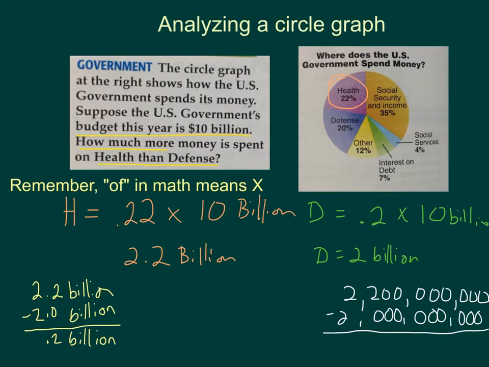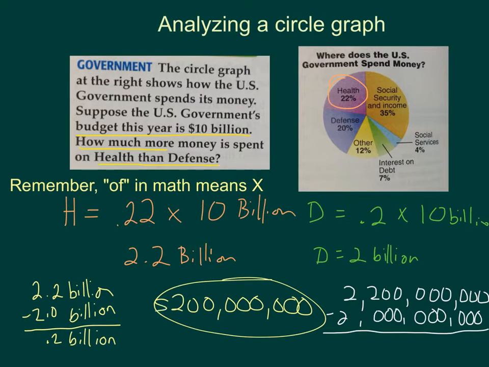So 0.2 billion is really 200 million. That would be my answer there, and it's in dollars is my label. So how much more money is spent on health than defense would be $200 million.